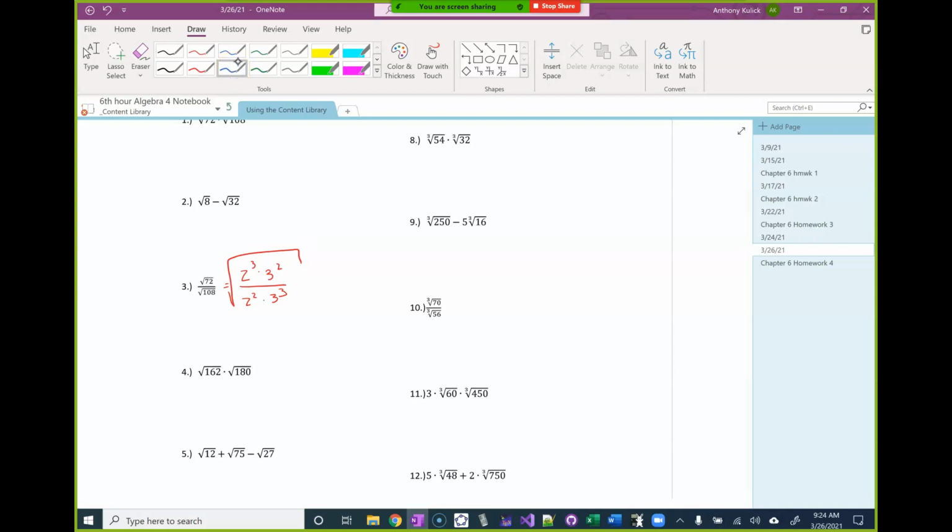Now, certainly you could do a bunch of reducing here, right? Like I can do that, get rid of all the 2's. And now it would be tempting to get rid of all the 3's here, right? You can cross out the 2 3's from the numerator and all but one of the 3's from the denominator. And it's okay if you wanted to do that. I would not go that far.